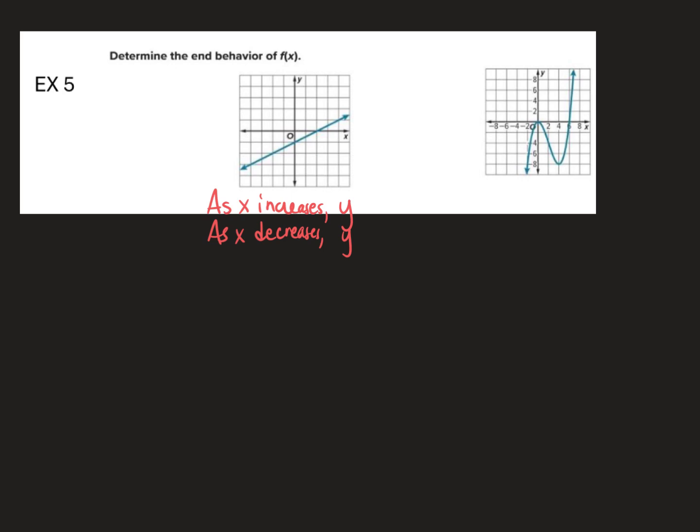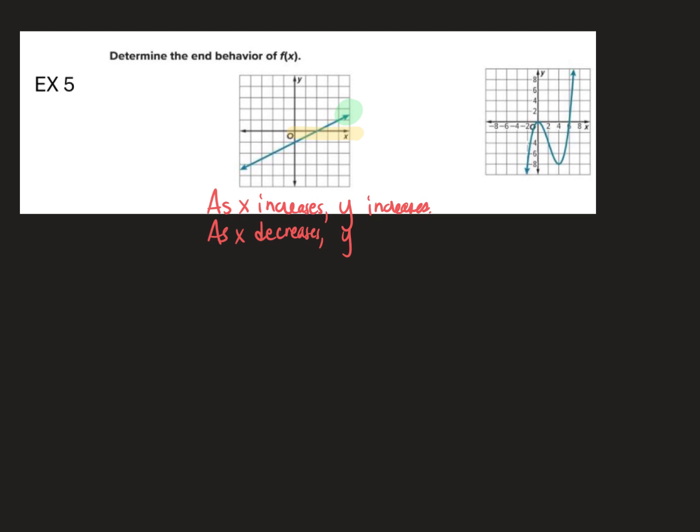As x is increasing, so I'm looking at this x-axis, what is our end doing? Our end is going up. So that means our y is increasing. So as x increases, y increases. And let's look on the other side.